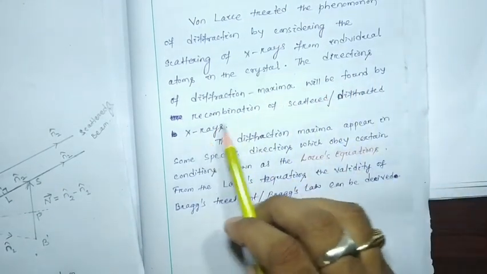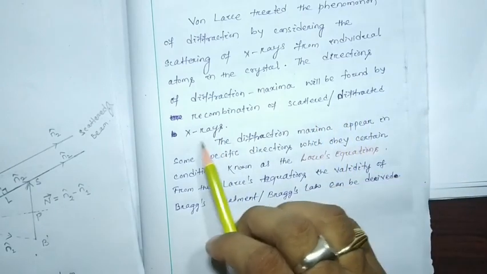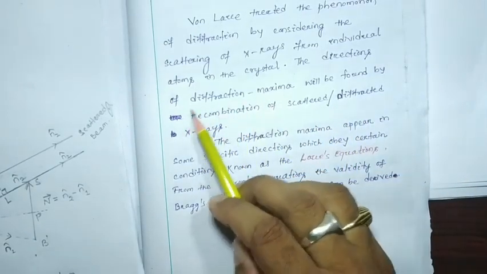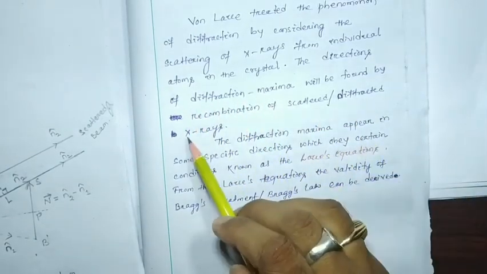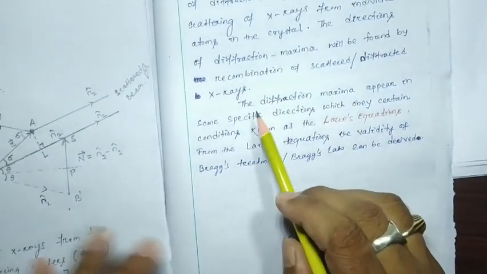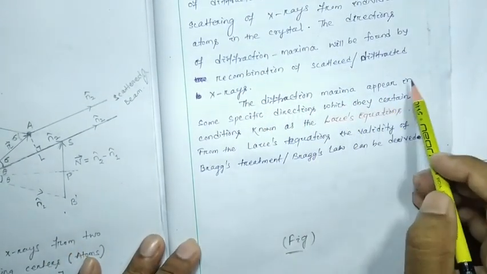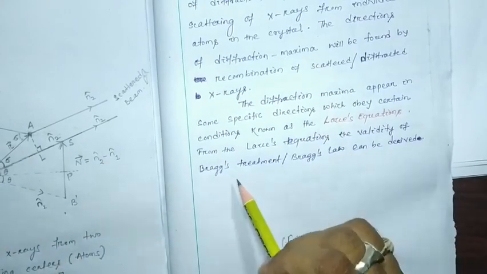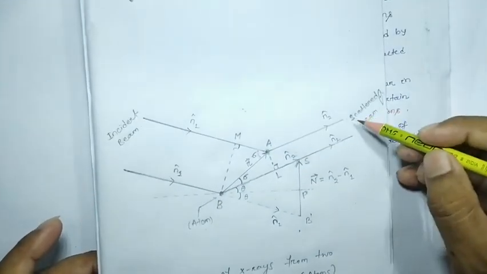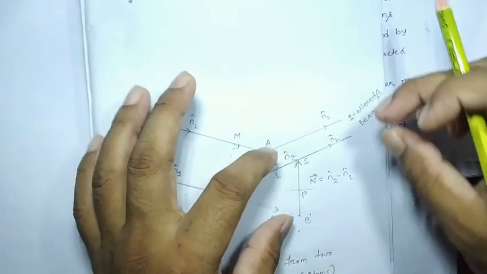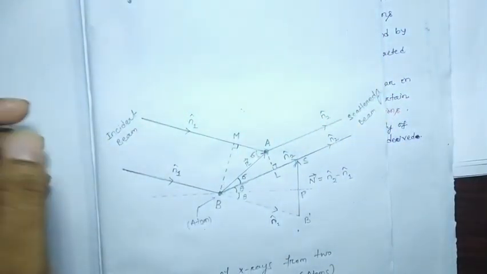will be found by the recombination of scattered or diffracted rays. Recombination means interference of scattered and diffracted X-rays. Now the diffraction maxima appear in some specific directions. What I told you here is that in a specified direction we can find these two rays interfering constructively.